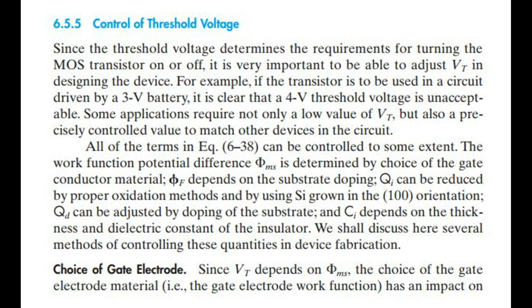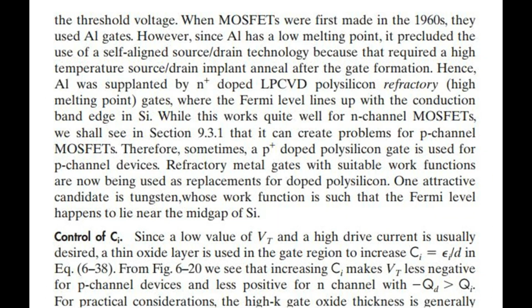Choice of gate electrode. Since threshold voltage depends on FMS, the choice of the gate electrode material, i.e., the gate electrode work function, has an impact on the threshold voltage. When metal oxide semiconductor field effect transistors were first made in the 1960s, they used aluminum gates.